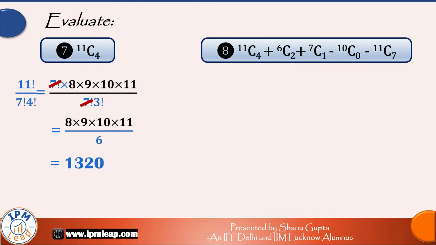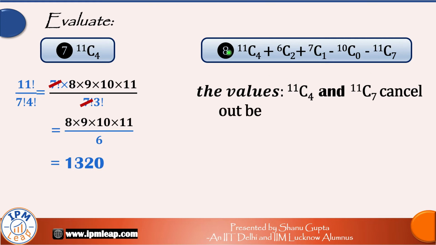The 8th question looks a little tricky because at first glance there are 5 binomial coefficients, or combinatorial numbers, to be evaluated, right? But if you have a closer look at this expression, you will notice that 11C4 and 11C7 are equal in value because nCr is equal to nC(n minus r).